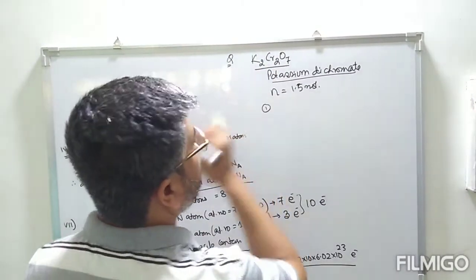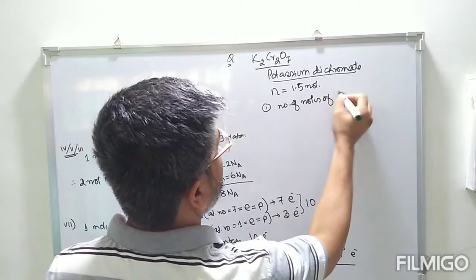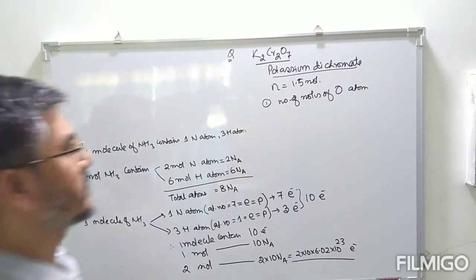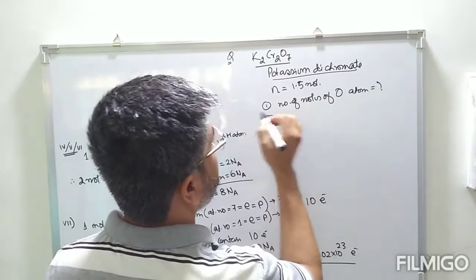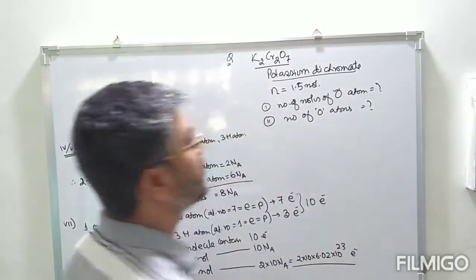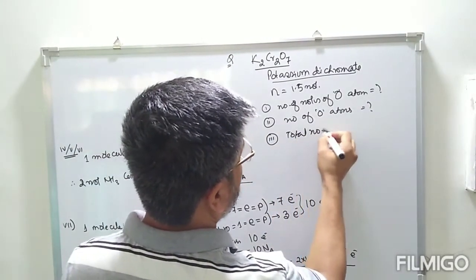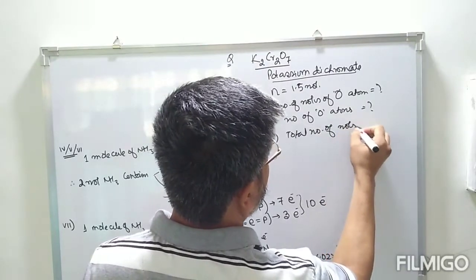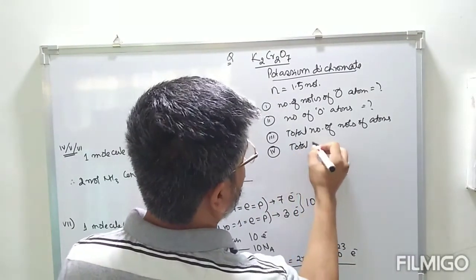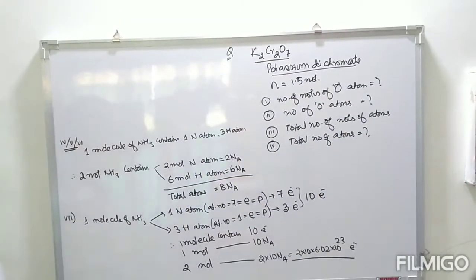The question asks: how many moles of oxygen atoms are present, what is the number of oxygen atoms, what is the total number of moles of atoms present, and what is the total number of atoms present in 1.5 mole.